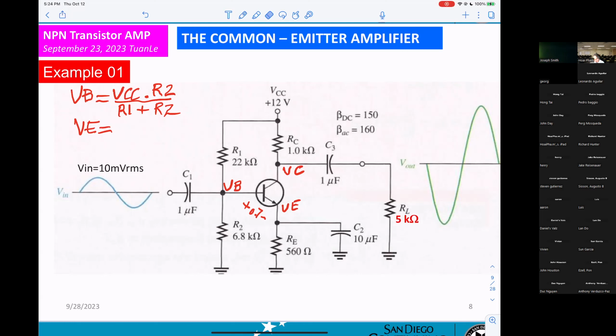VE means the voltage from the emitter to the ground. VB is the voltage from the base to the ground. So VE equals VB minus 0.7. And another calculation we want to know, VC.